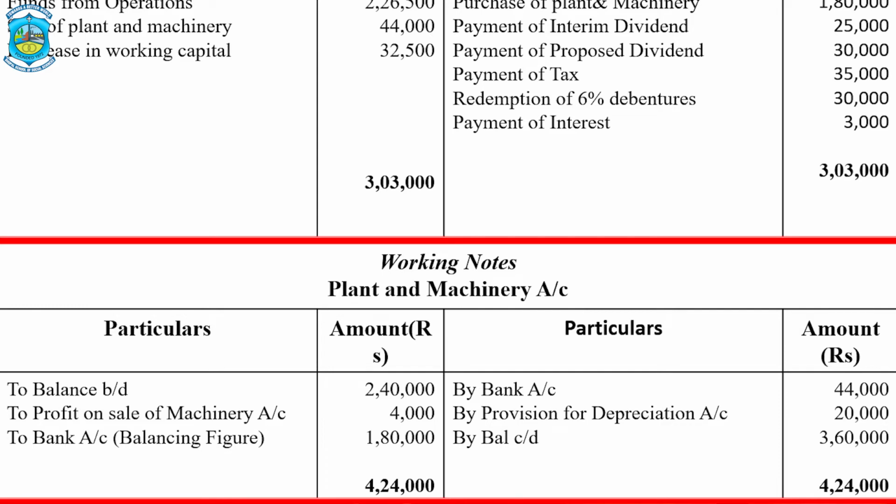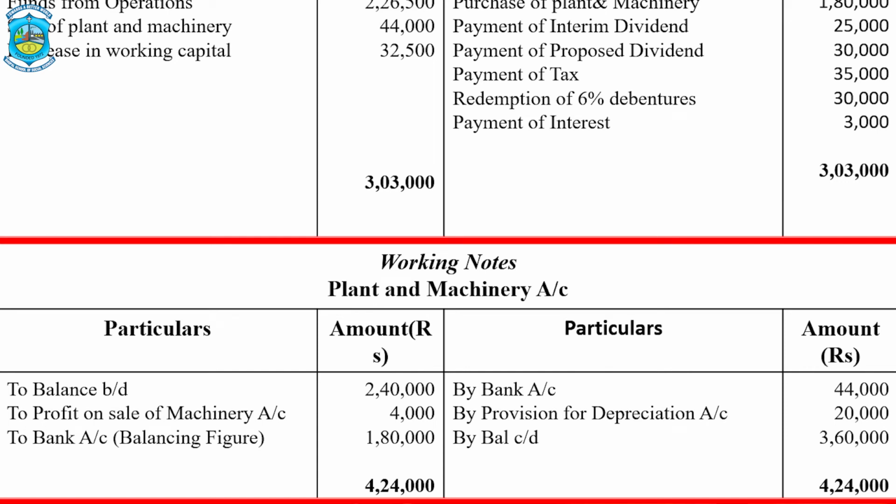Apart from these two figures, during this year we are going to sell part of this plant and machinery for rupees 44,000, and its cost was rupees 60,000, and it has been depreciated to rupees 40,000 during the year.